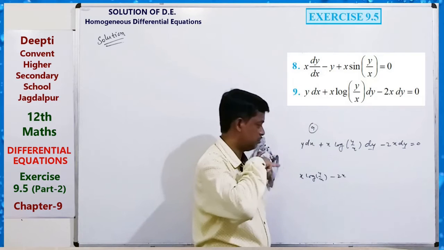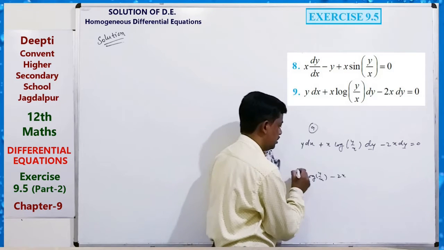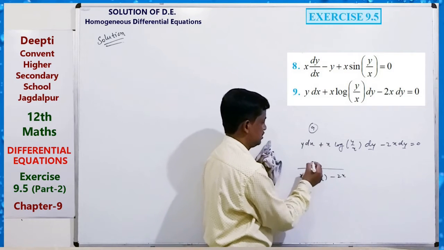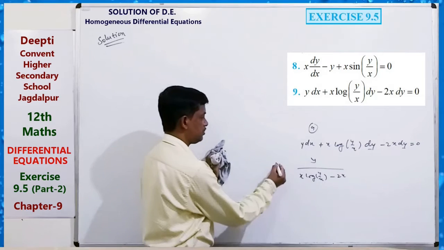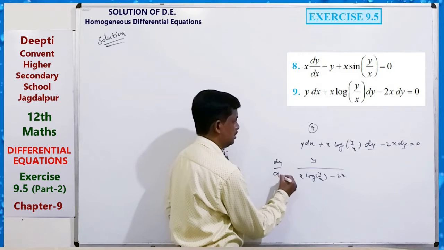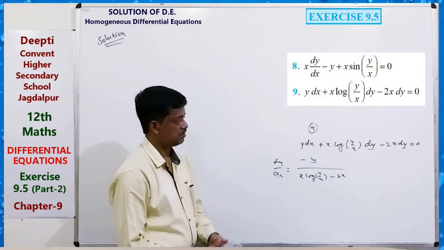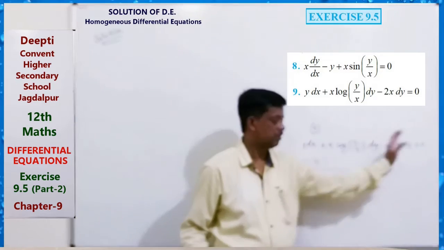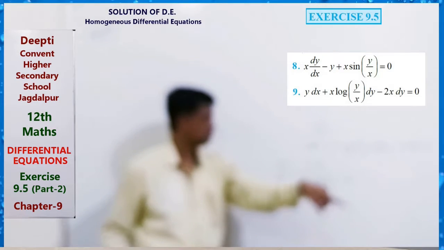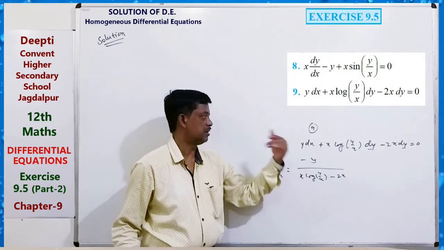So dy by dx equals, this goes to the numerator and the denominator has x log(y/x) minus 2x. There is dy upon dx equal to this, but with a minus sign, because in this term y dx, transferring to the right hand side means minus y.